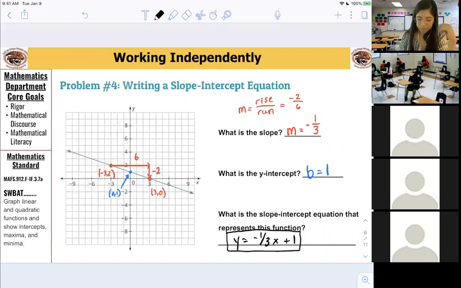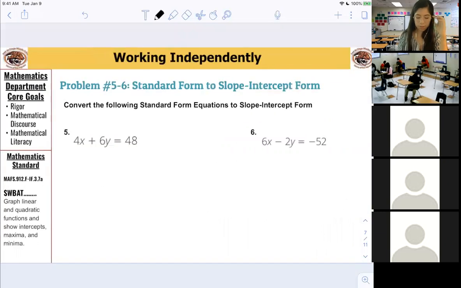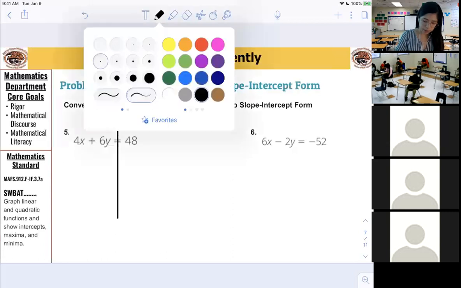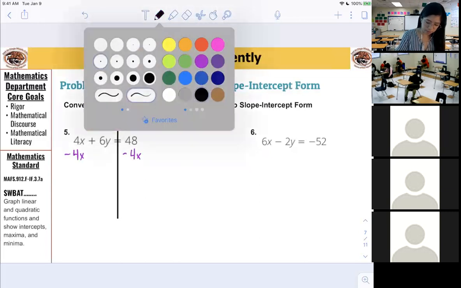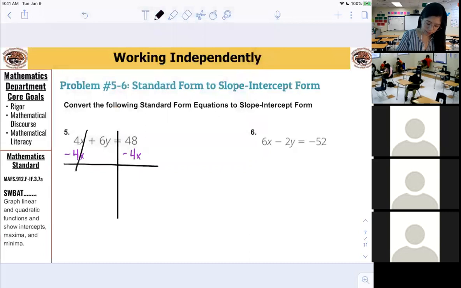Cool. All right. So for 5 and 6, we had to turn these standard form equations into slope-intercept. So I'm going to go through that real quick. We're trying to isolate the y, and it takes 2 steps. So step 1, we subtract 4x from both sides. That leaves me with 6y equals.